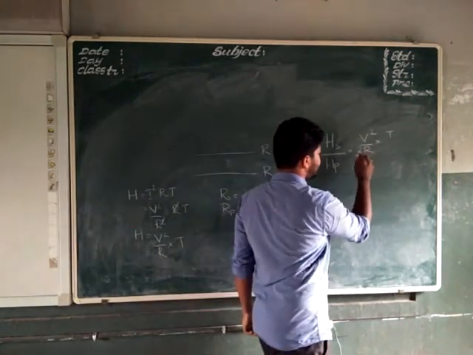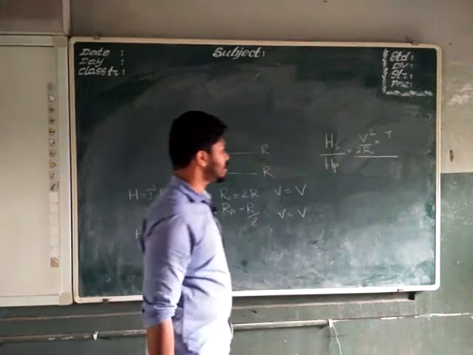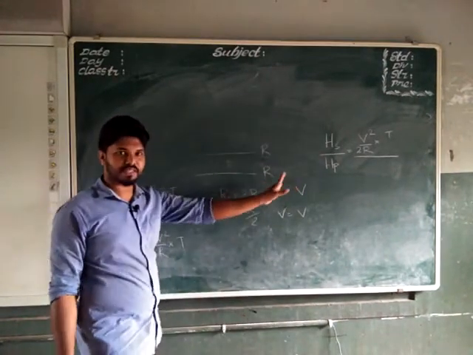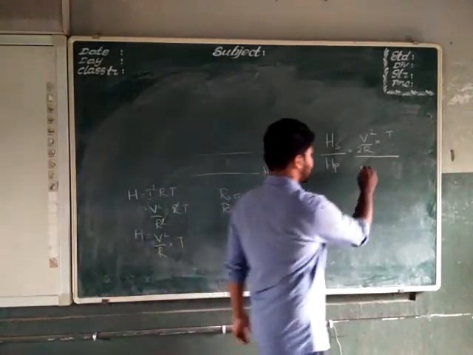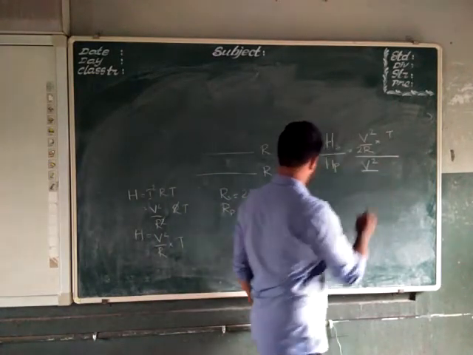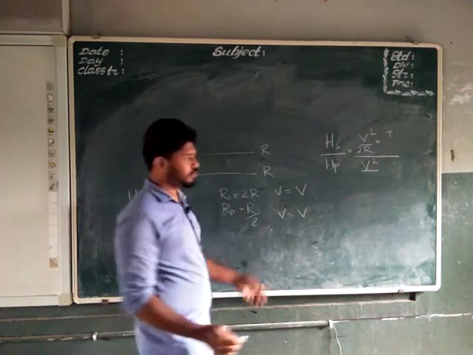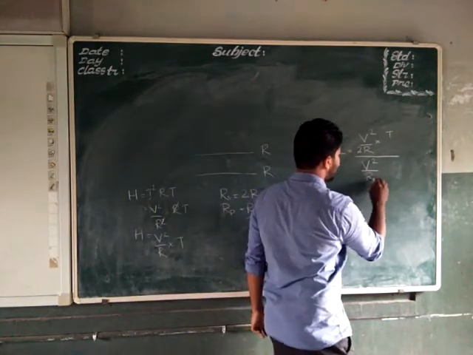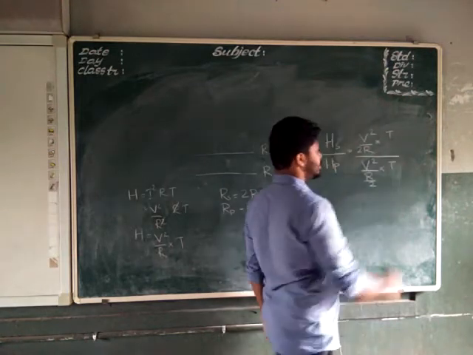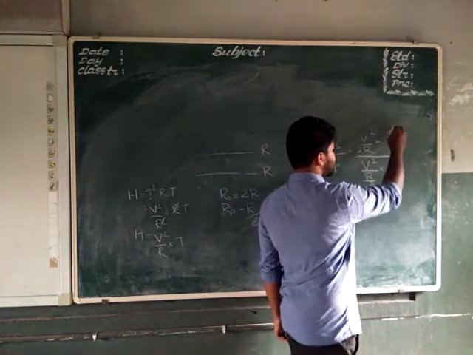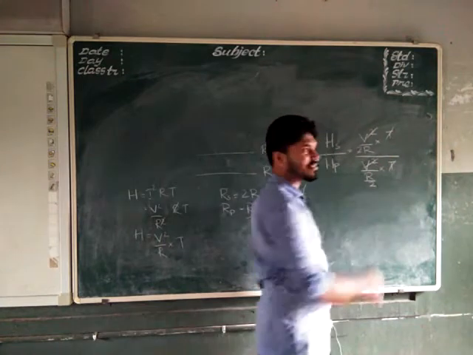So 2R into T, divided by Hp, that is the heat produced in the case of parallel connection, V square by R by 2 into T. This T gets cancelled, V square gets cancelled.